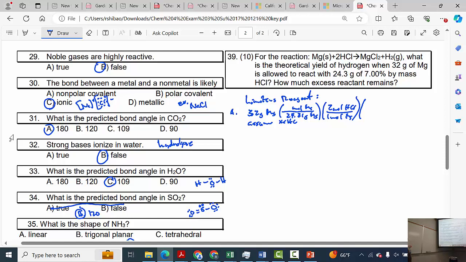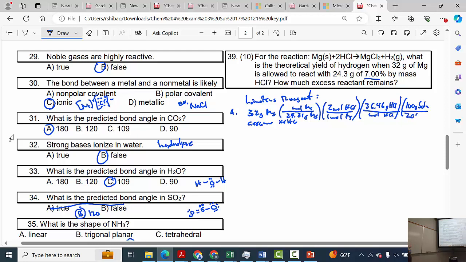So that gives us pure HCl. And then we're going to go to mass. We don't always have to go to the mass here, but the mass is going to be 35.45 plus 1.01. And so it's going to give me 36.46 grams of HCl per mole of HCl.